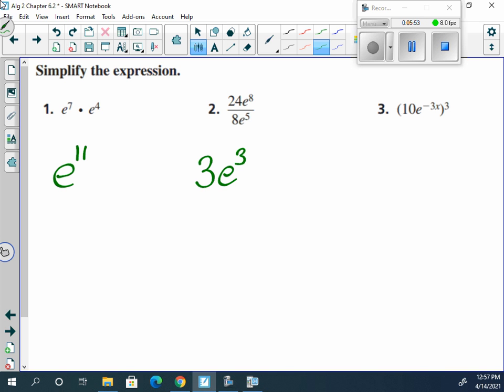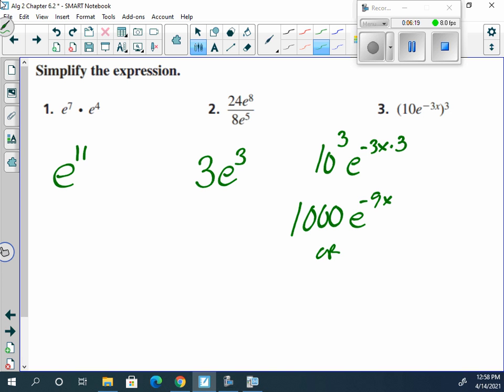And last but not least, we have 10e to the negative 3x, cubed. Well, that'd be the same as 10 cubed times e to the negative 3x times 3. Well, 10 to the 3rd is 1,000. And then we'd have e to the negative 9x.